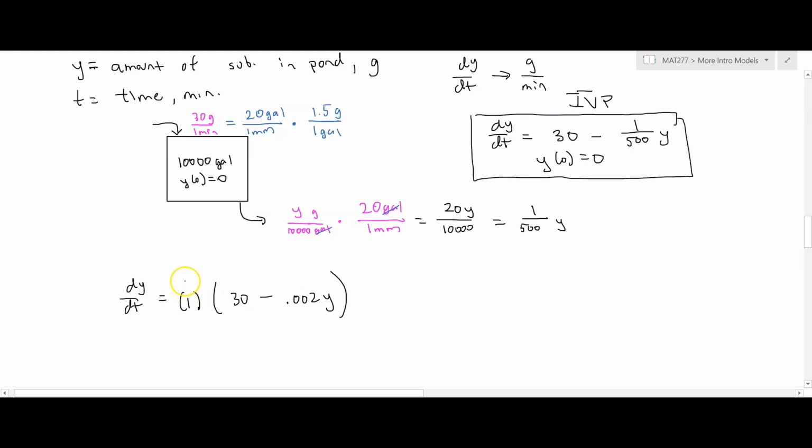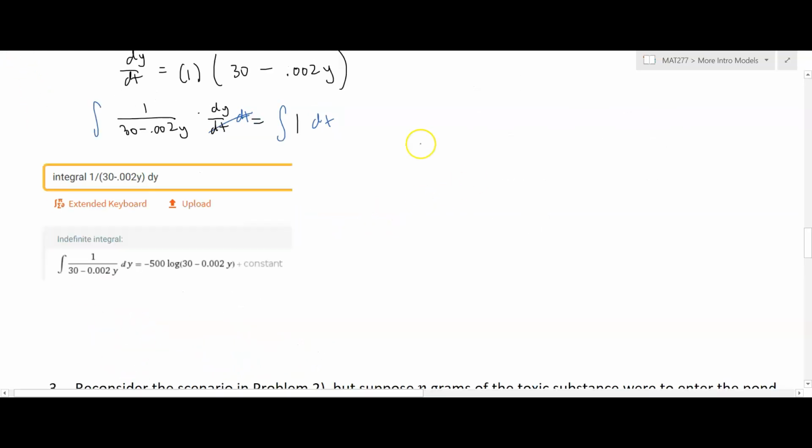It'll make it a little bit easier to write down. So I'm going to divide over by the h of y, which is 1 over 30 minus 0.002y, times dy dt equals 1. And now when I integrate both sides with respect to t, these will cancel, and now I will integrate that with Wolfram Alpha.